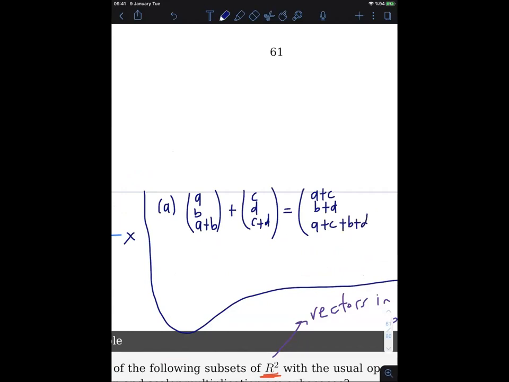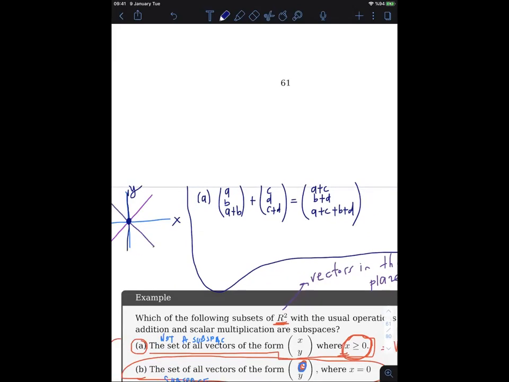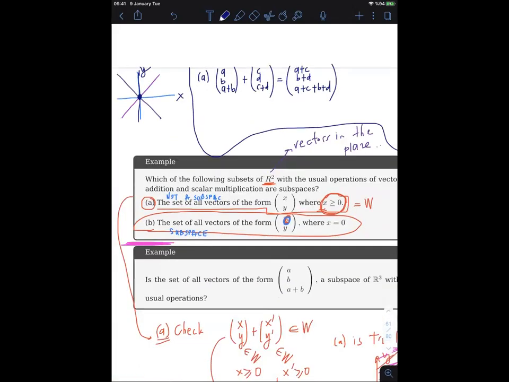To be in this set, the requirement is that the third coordinate is the sum of the first two coordinates.